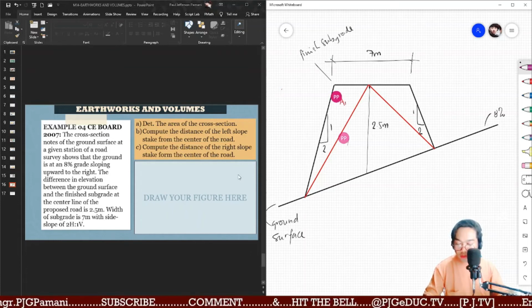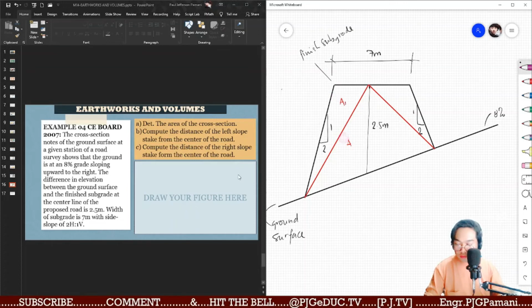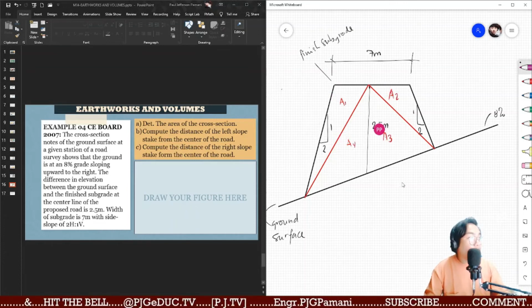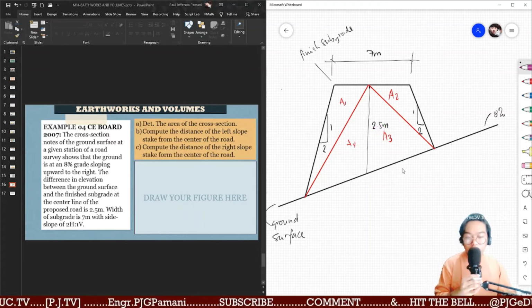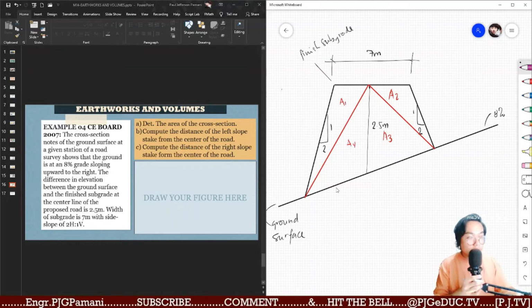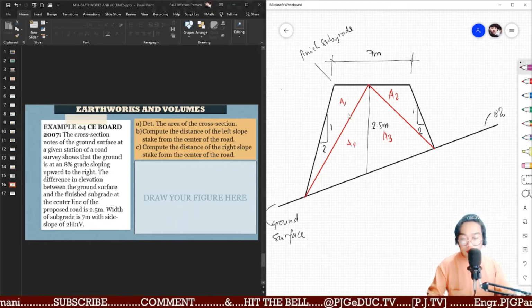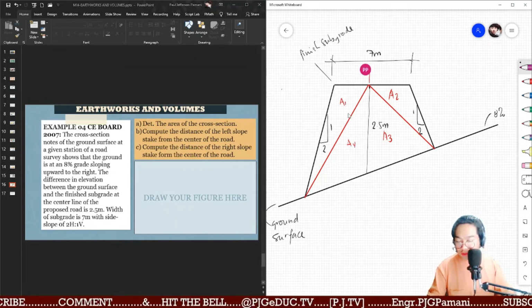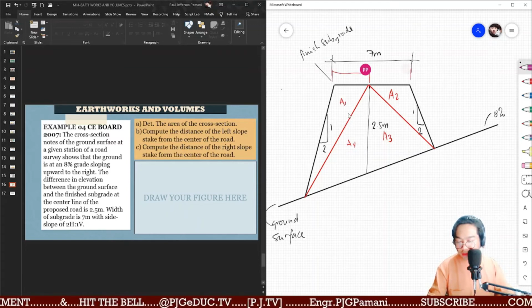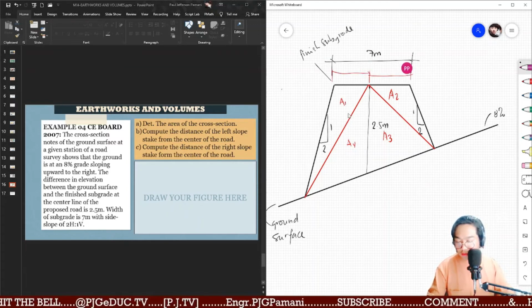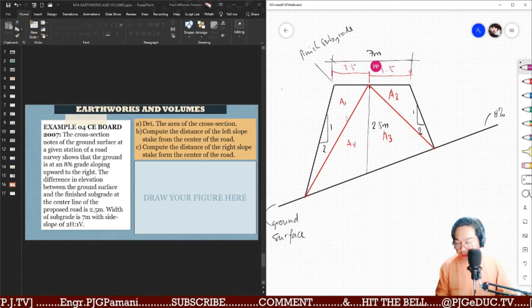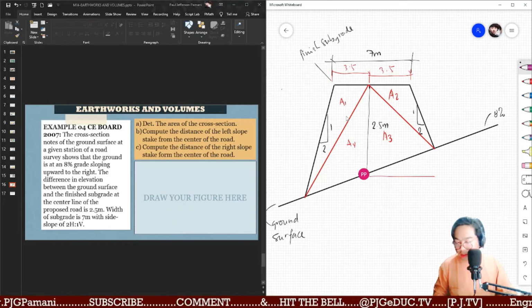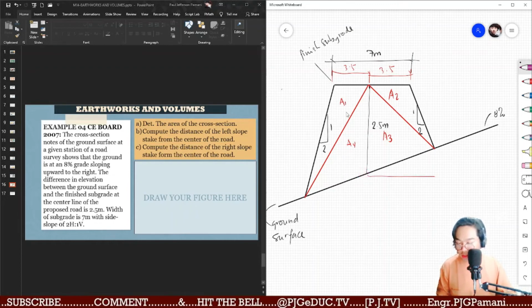Area 1, area 2, area 3, and area 4. Madali lang, di ba? Pero hindi mo naman masosolve yan agad-agad without first completing a section. So more or less, this is 3.5. Also 3.5.